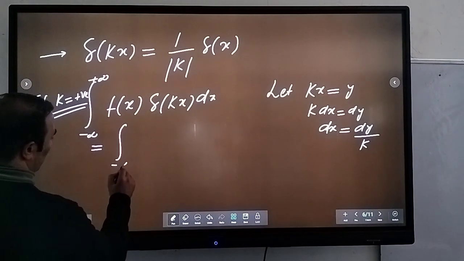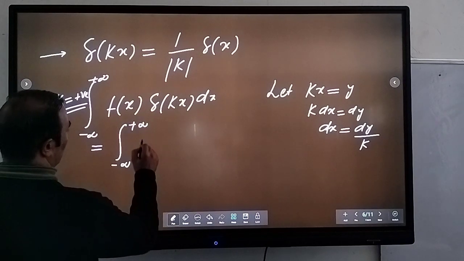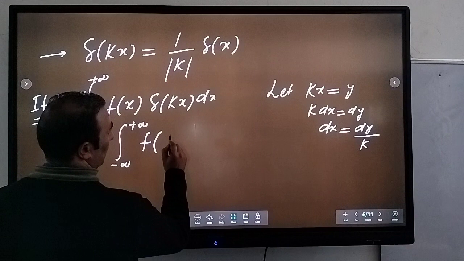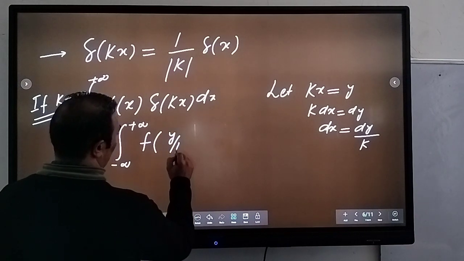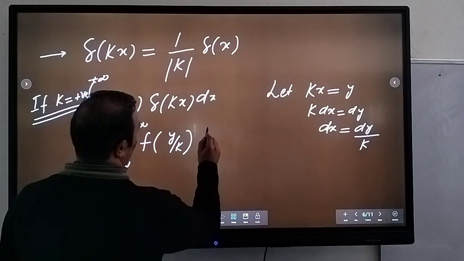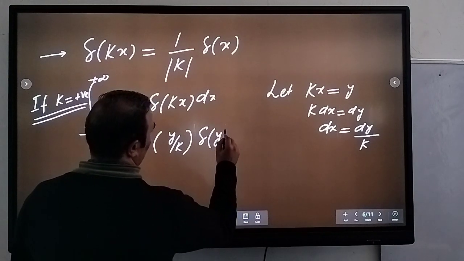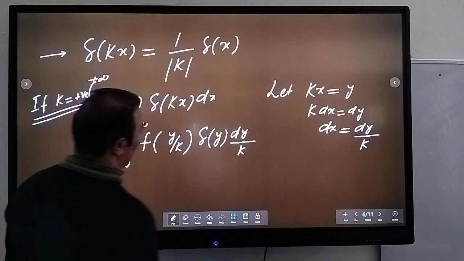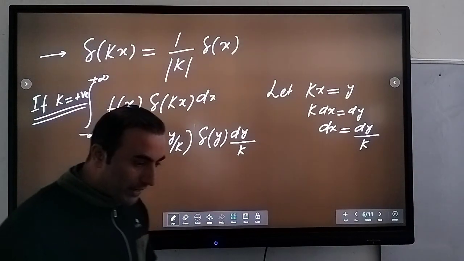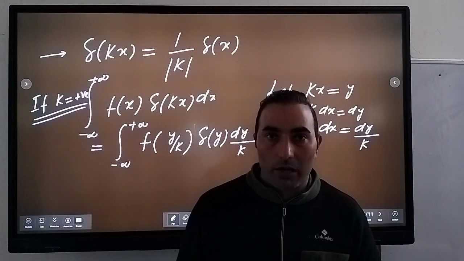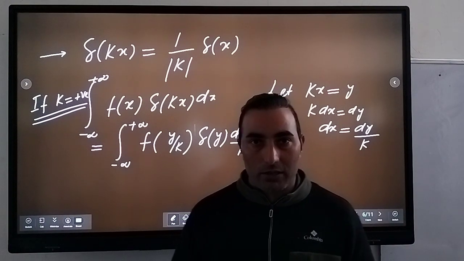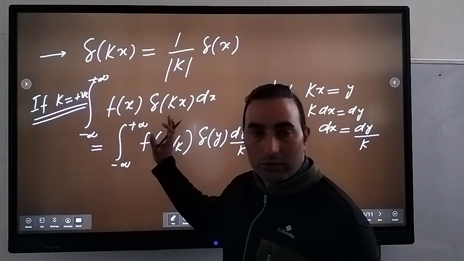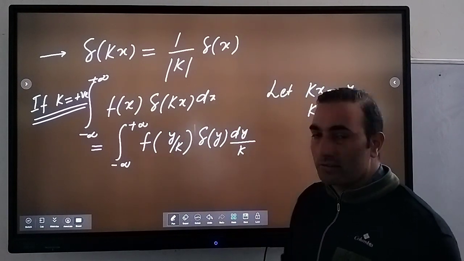So this will be equal to, because it was f of x, x is y by k. So using the substitution kx equals y, delta of kx is delta of y, and dx is dy by k.